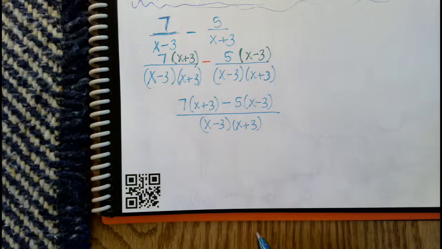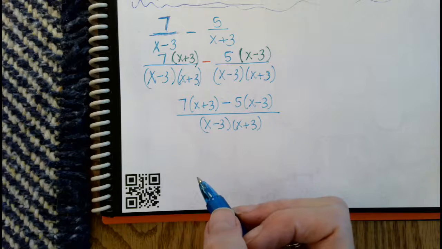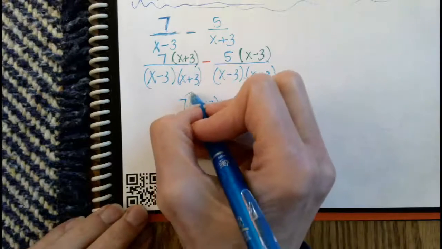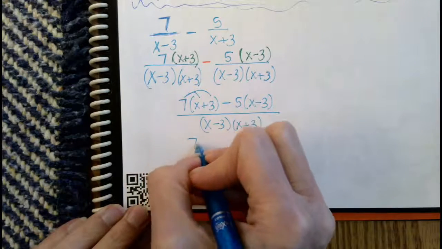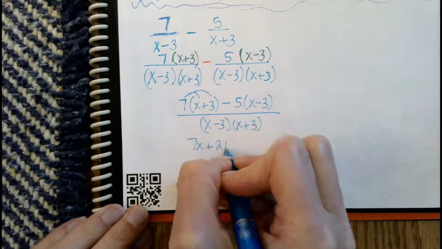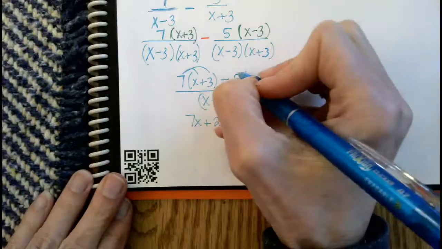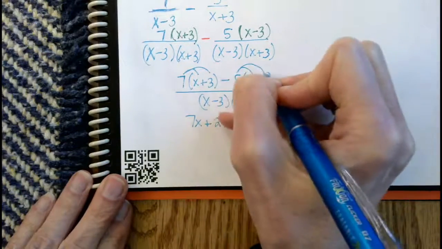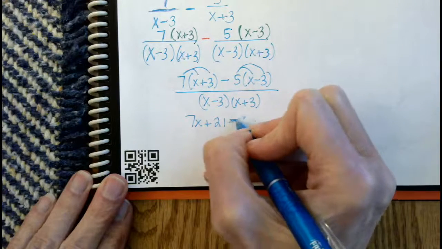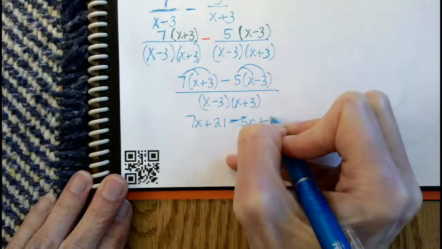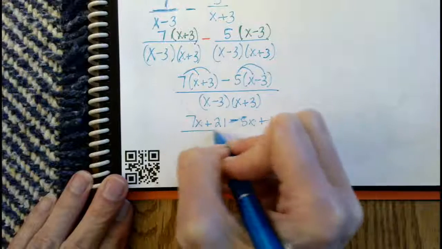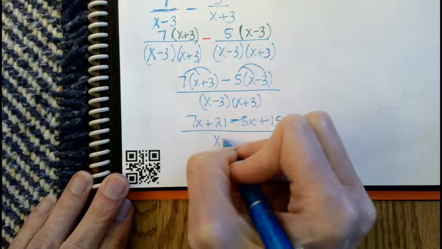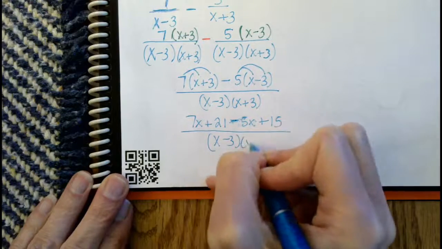So when we simplify, we're going to have to distribute, and we get 7x plus 21, negative 5x, and negative 5 times negative 3 is positive 15, all divided by x minus 3 times x plus 3.